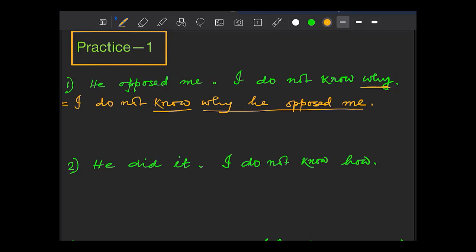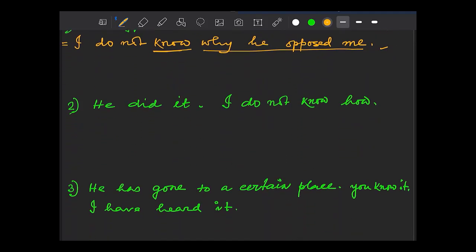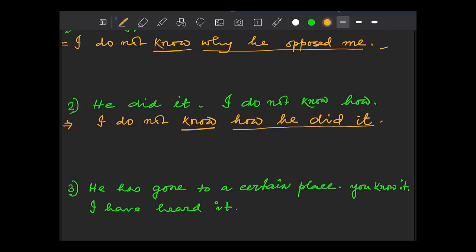I do not know why he opposed me. Okay. Next one, he did it. I do not know how. This is also the same. Right? Very easy. I do not know how he did it. I do not know. This is the verb. What? The answer is this. How he did it. So this is the object and this is the verb.